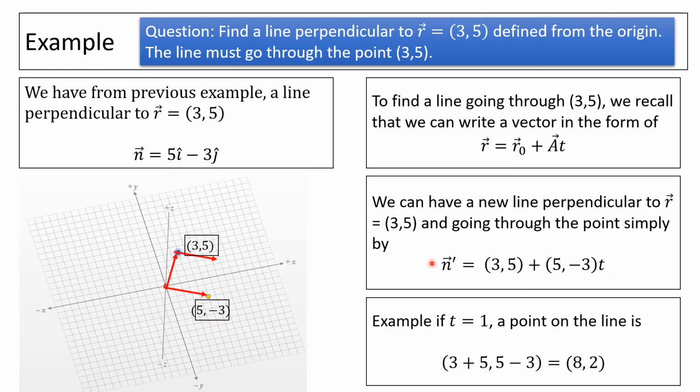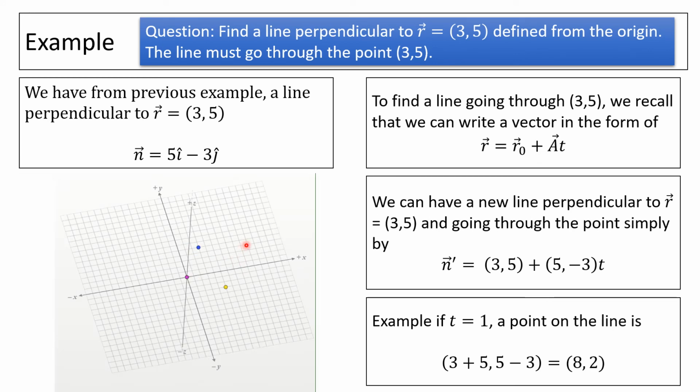So this is the vector. One of the points that falls on this vector n prime can be found if you take t equals 1. When you take t equals 1, you will have a point given by 3 plus 5, which is 8, and 5 minus 3, which is 2. So the point 8, 2 is going to fall on this vector n prime.